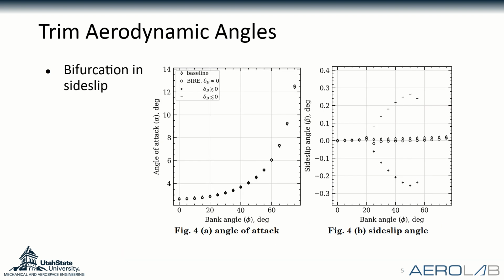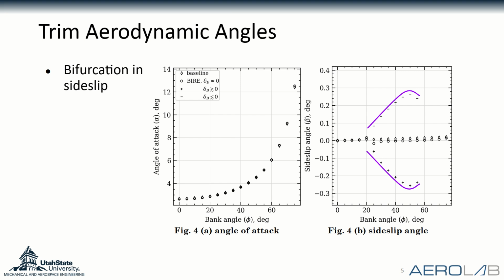So the next thing I wanted to look at, so just to explain these plots once again. On the x-axis we have bank angle, so higher and higher g's as we move over to the right. And over here on the left, on the y-axis, it's angle of attack in degrees. So as we move to higher and higher bank angles, we're at a higher angle of attack, which makes sense. And then over here on the right is sideslip angle.